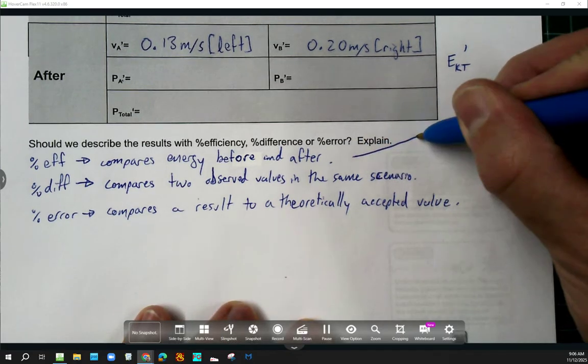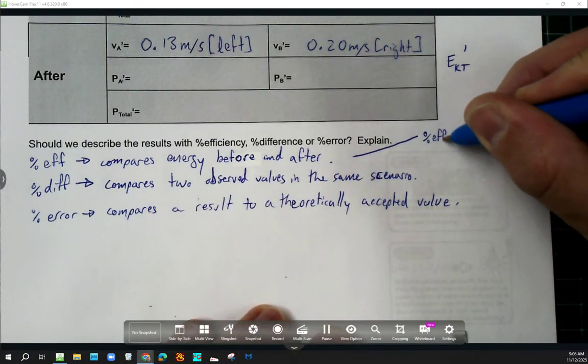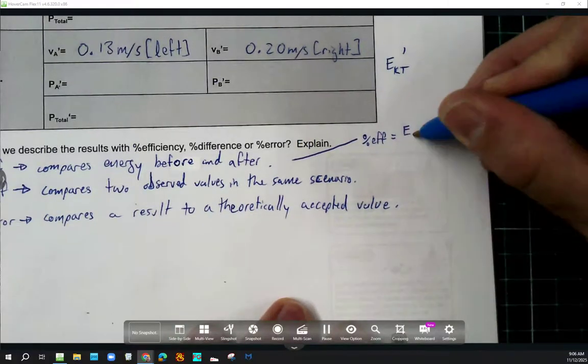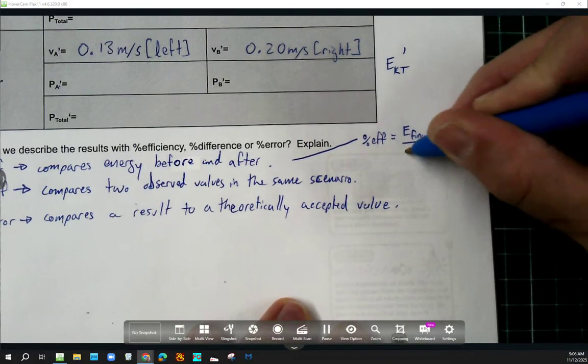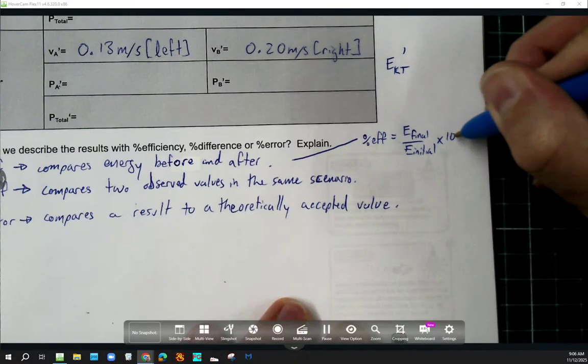Percent efficiency, I'll just write it as percent EFF, I know that's a weird way to write a variable, is equal to energy final divided by energy initial times 100%. That's percent efficiency.